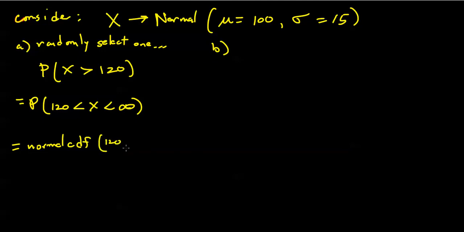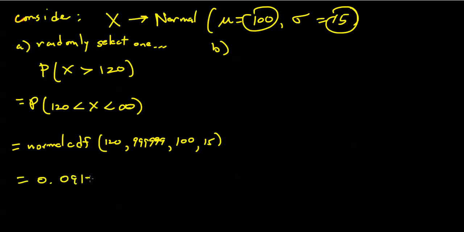Our lower bound would be 120. Our higher bound would be our approximation for infinity, namely 99999. We're in the non-standard case, so I've got to plug in a mean of 100 and a standard deviation of 15. If I punch this out on my calculator, I get 0.0912. Okay?